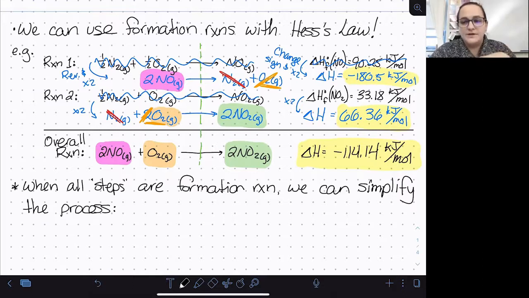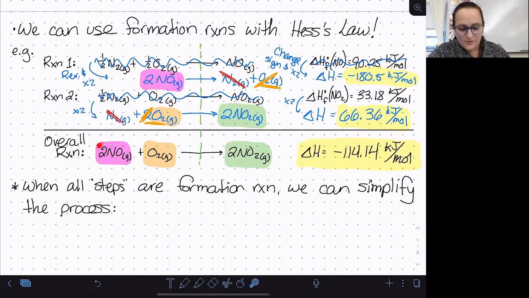Since formation reactions all have so much in common, that there's only 1 mole of product and it's always coming from elements on the reactant side, we always end up doing pretty much the same things. For anything that appears on the reactant side, we have to reverse our formation reaction. For anything that's on the product side, we don't have to do that. It stays the same.